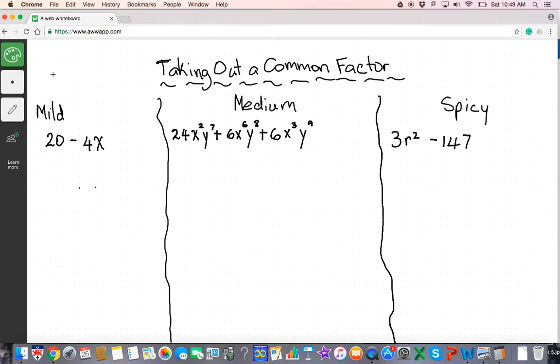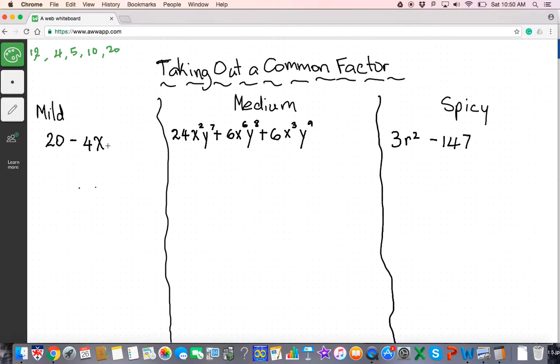The factors of 20 are 1, 2, 3 is not a factor because it doesn't divide evenly into 20. We have 4, 5. 6 is not a factor because, again, it doesn't divide evenly into 20. 8 does not work. 9 does not work. 10 works. And then the next factor is 20. So those are the factors of 20.